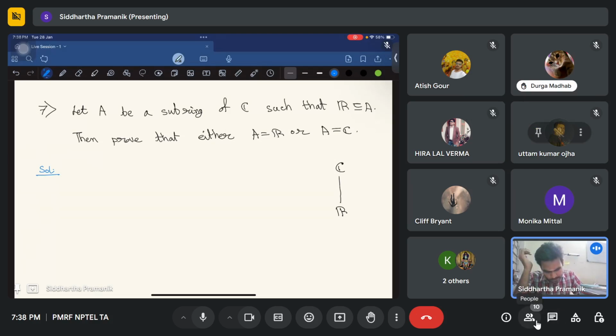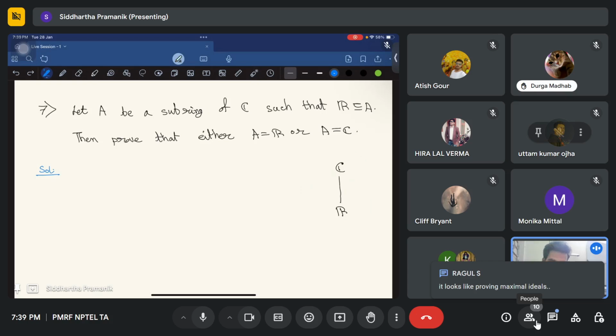So in between C and R, there cannot be any other subring. Okay, so it looks like proving maximal ideals.